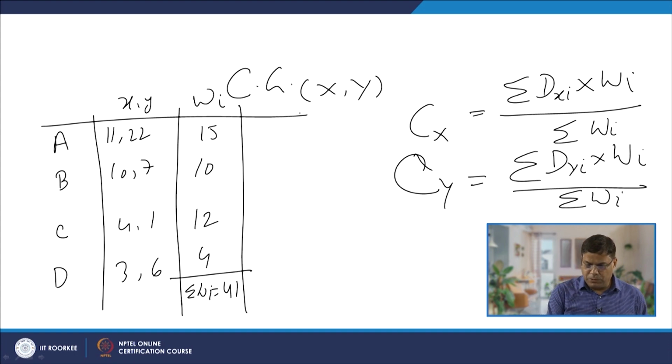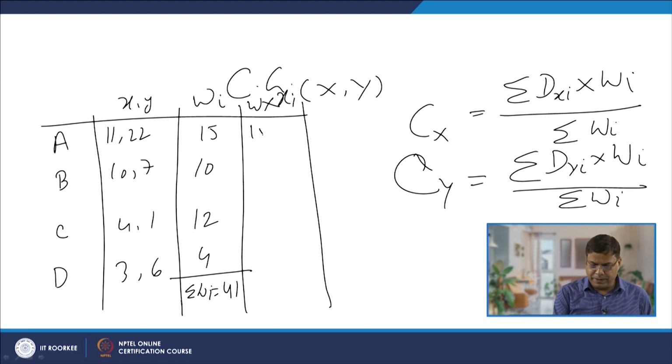Then what we have to do is multiply the weight by the x coordinate of each location, W into xi. So, 15 into 11, and then 10 into 10, 12 into 4, and 4 into 3.